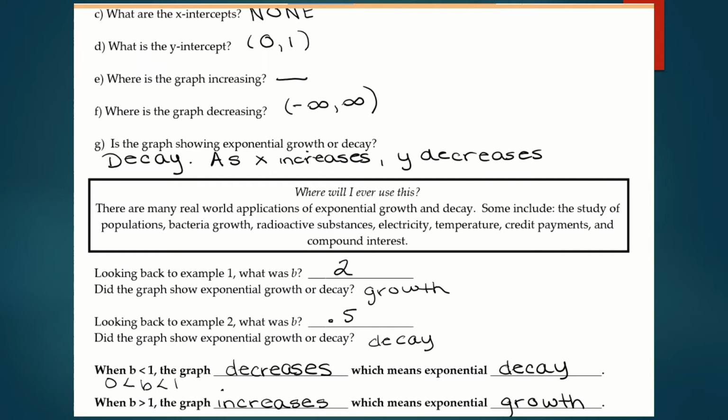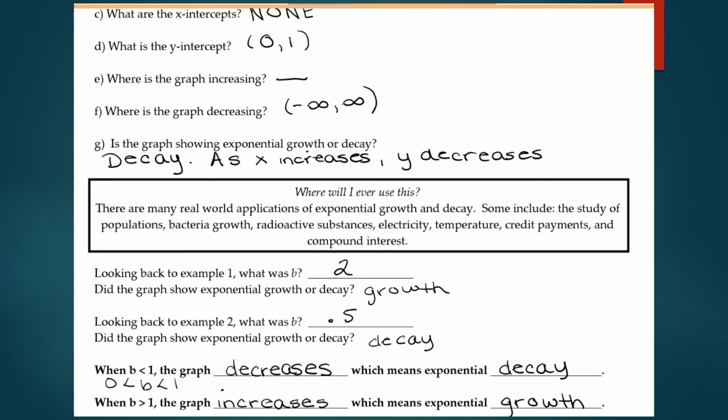Think back to geometric sequences and that common ratio, where our y values changed by multiplying each y value by a certain amount to get from one value to the next. If you look at example 1, with each increase in x, our y values double, or we multiply our y values by 2, which makes sense because the b value is 2, and that is our growth or decay factor.